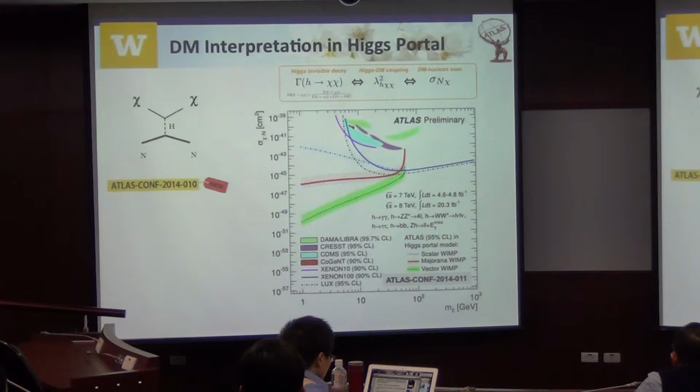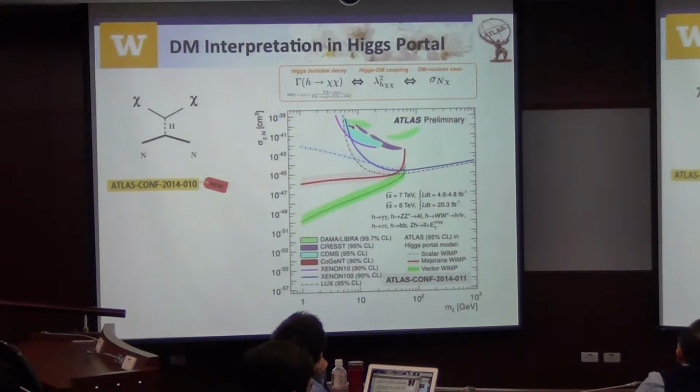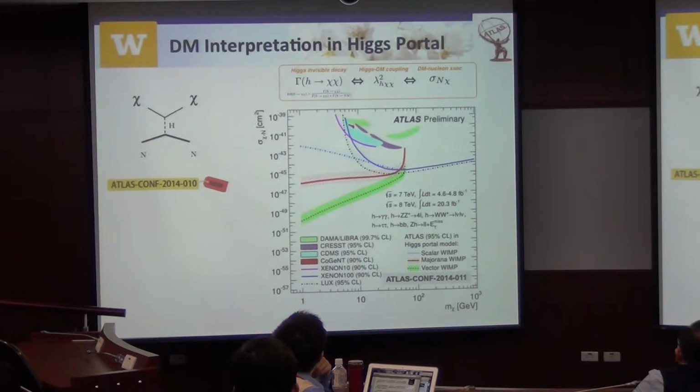So you can also do another reinterpretation. Because we put in this assumption that the Higgs decays to some dark matter candidate, this result can be converted to the interaction strength of this vertex. Then we can compare to the typical dark matter research method.